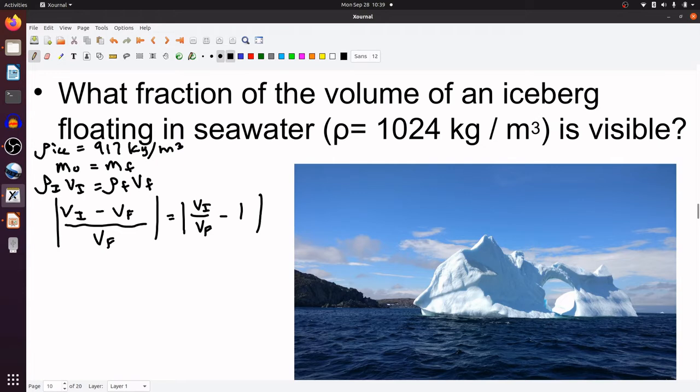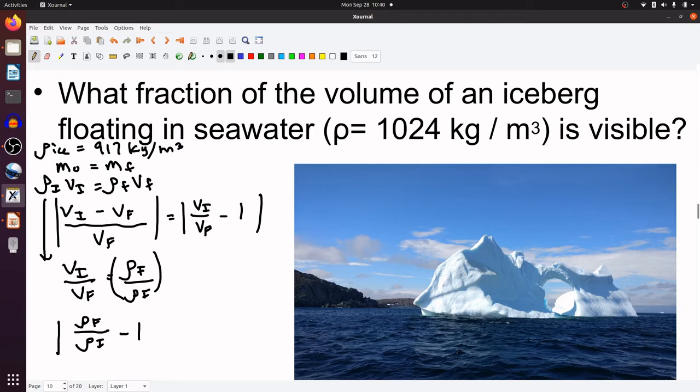Okay, and then Vi over Vf, if I bring this down, is going to be rho f over rho i. And so we're going to substitute this into that. So it's going to be the absolute value of rho f over rho i minus 1.